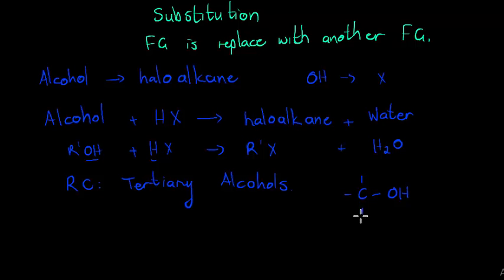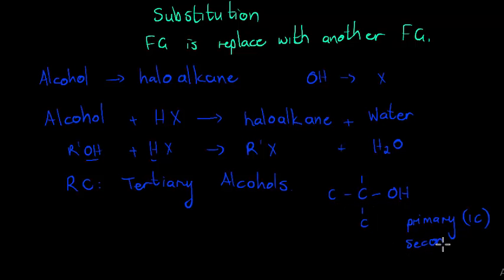If it's bonded once to another carbon, it is called a primary. Primary means that carbon is bonded to one carbon. If it's bonded to another carbon, okay, in this case it means that there's at least one branch off of this carbon. There's at least one branch. Okay, that would be a secondary.